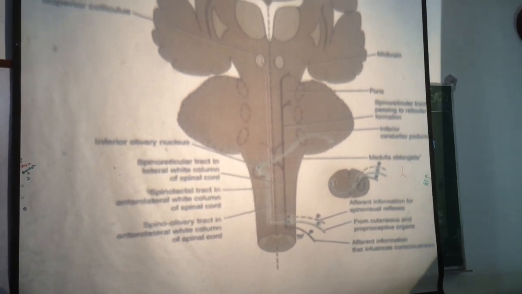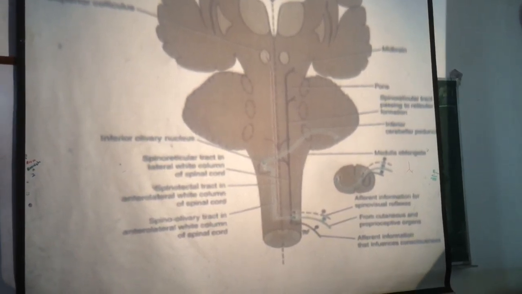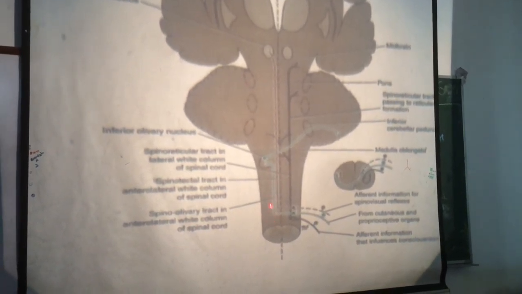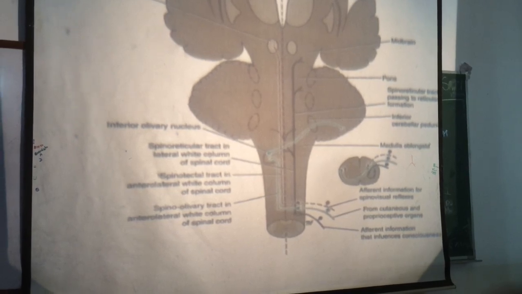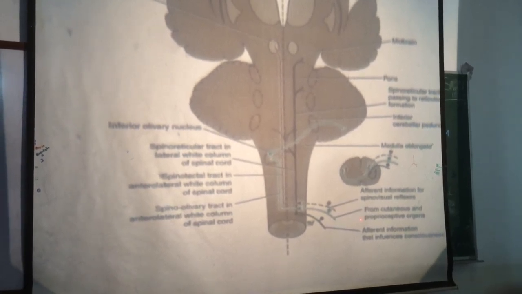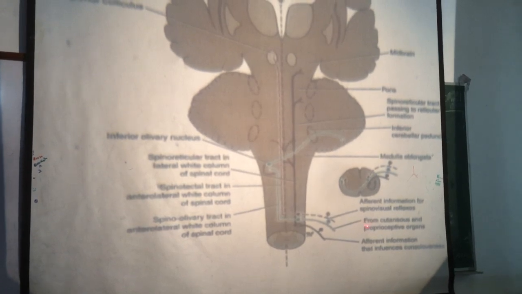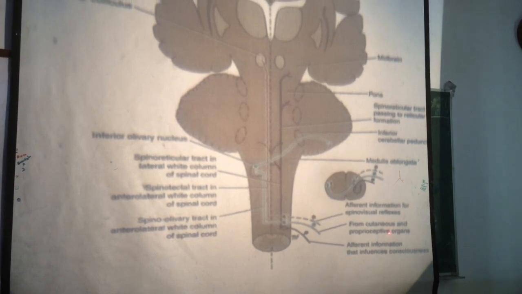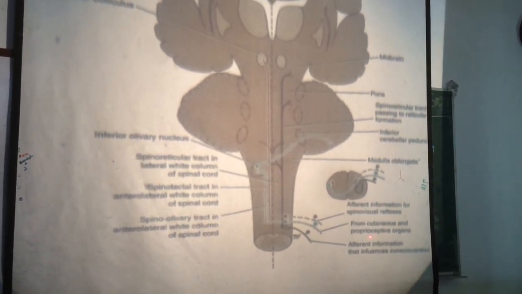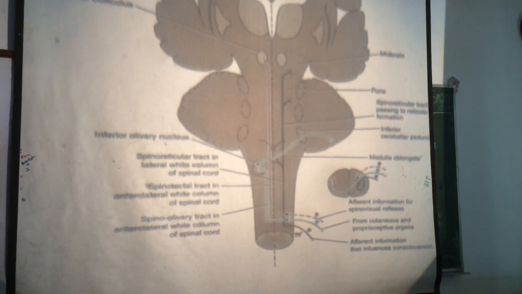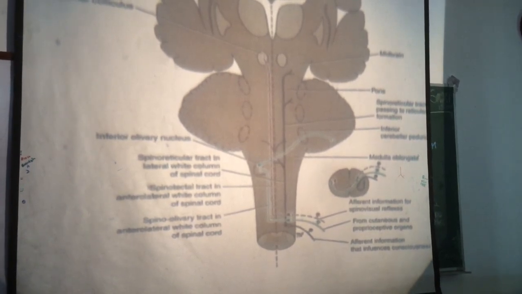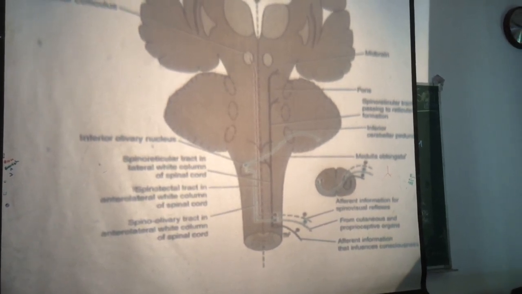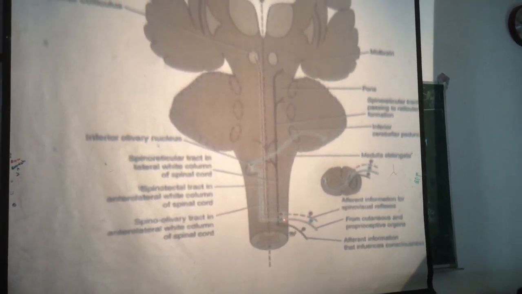The next tract in this group is the spino-olivary tract. First order nerve fibers carrying impulses from cutaneous and proprioceptive receptors enter the spinal cord through the posterior nerve root.